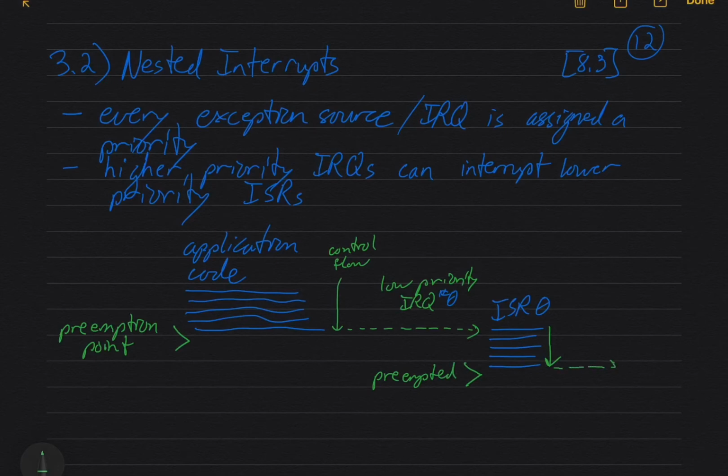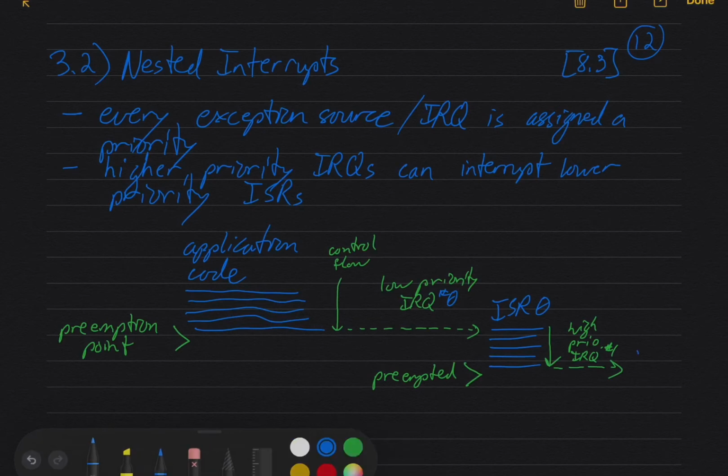I'm running out of room here, so this is going to be a high priority interrupt request. Let's say that's number 1, and so we're going to run the ISR or the handler for that particular request.